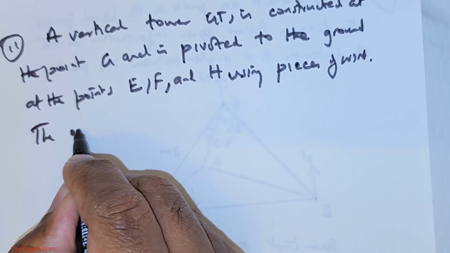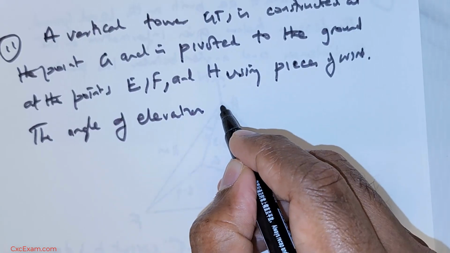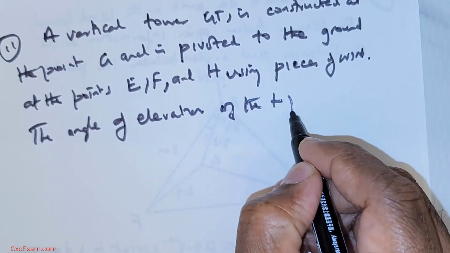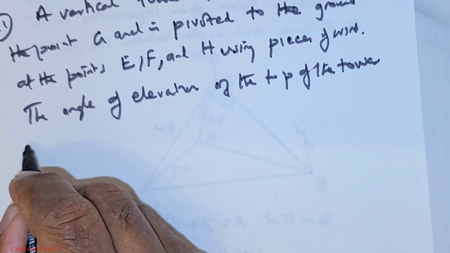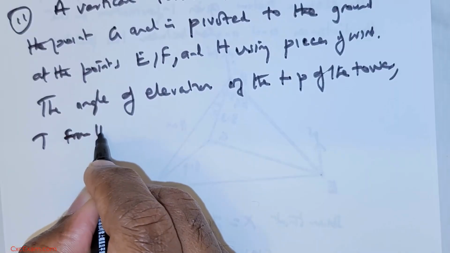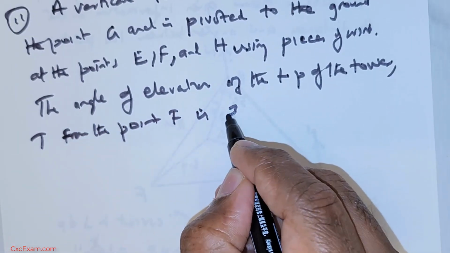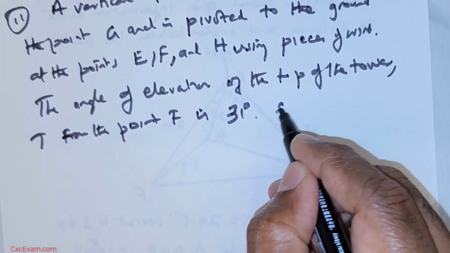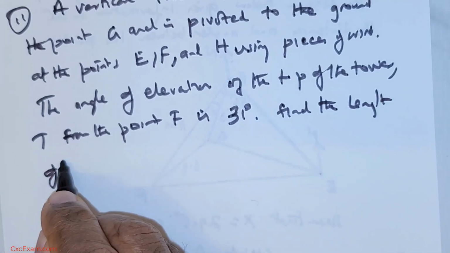The angle of elevation of the top of the tower T from the point F is 31 degrees. Find the length of the wire.